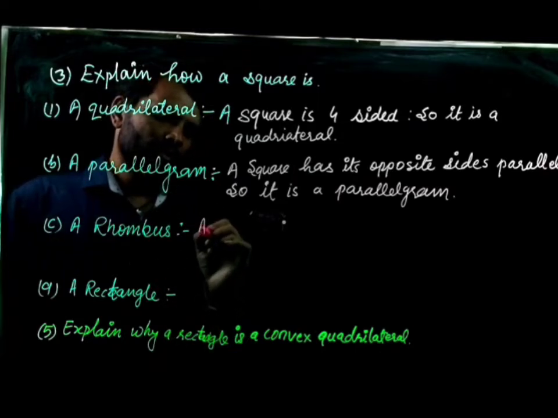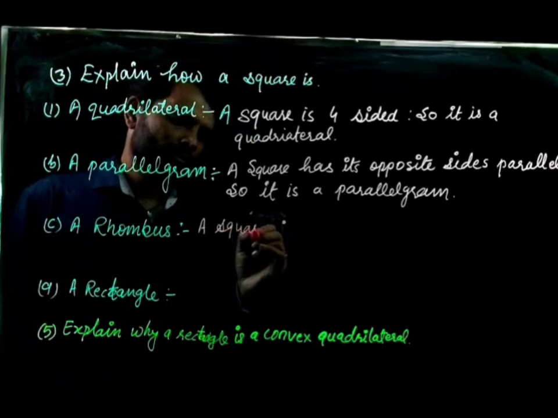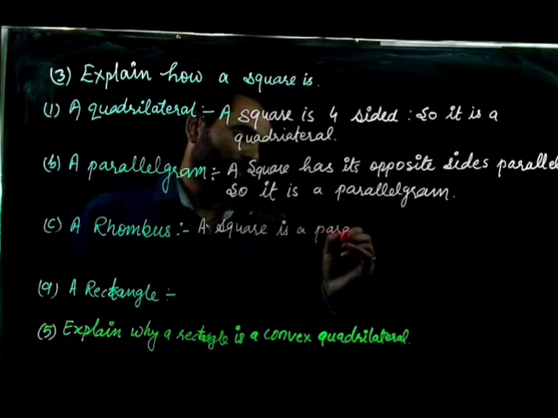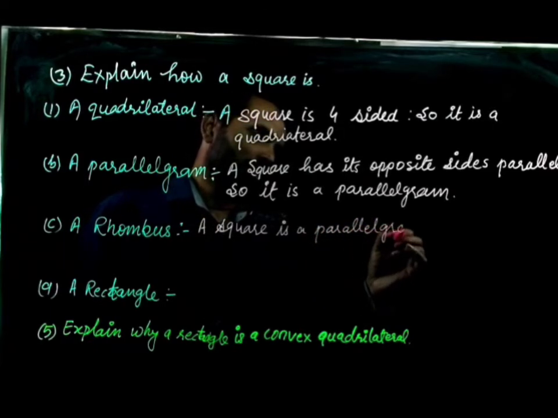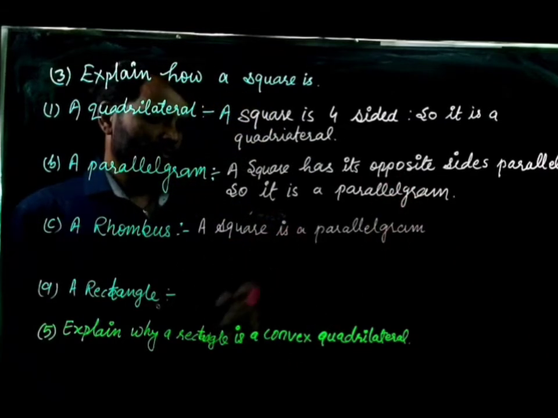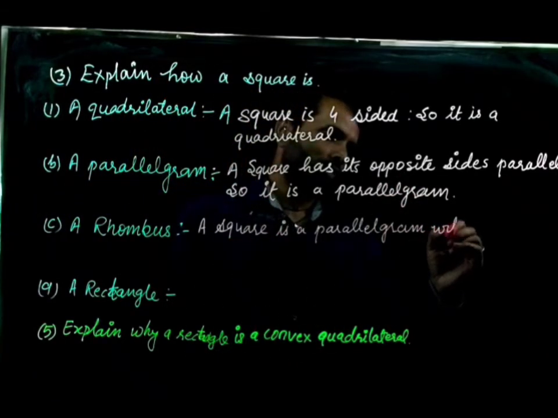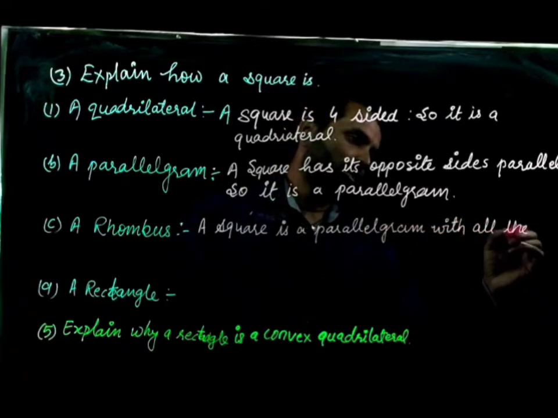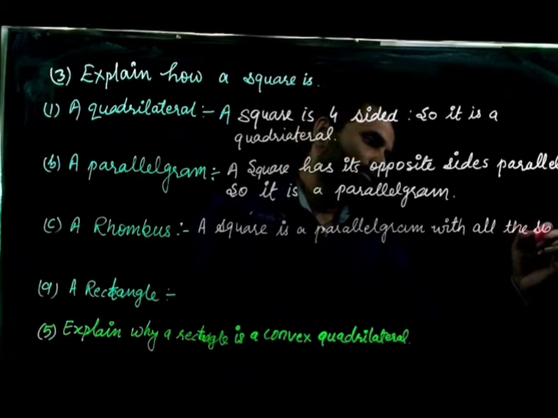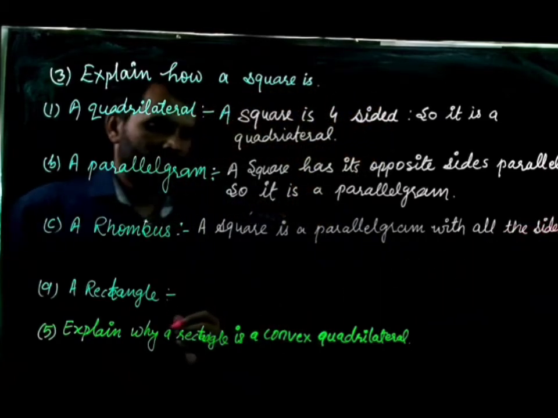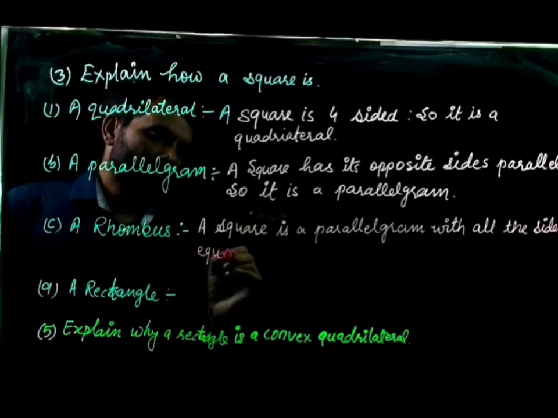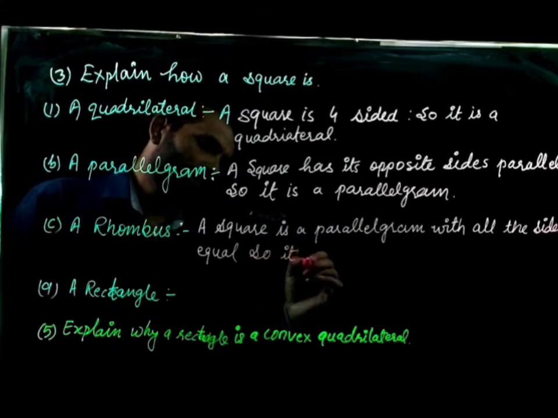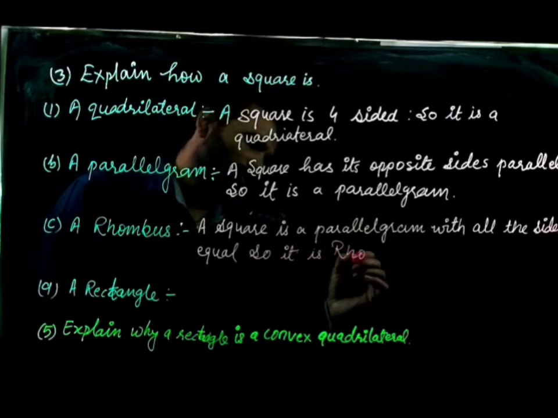So write that a square is a parallelogram with all sides equal, and so it is a rhombus.